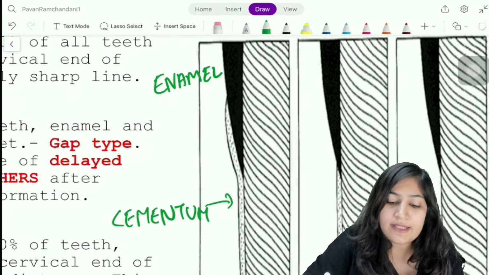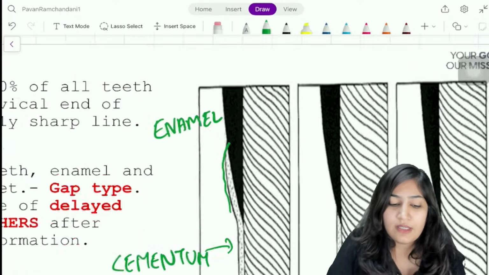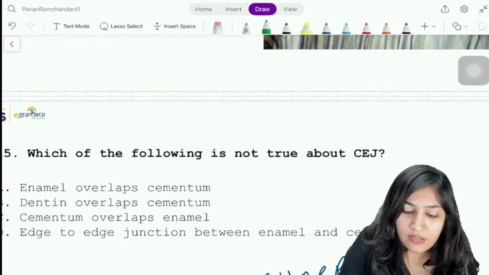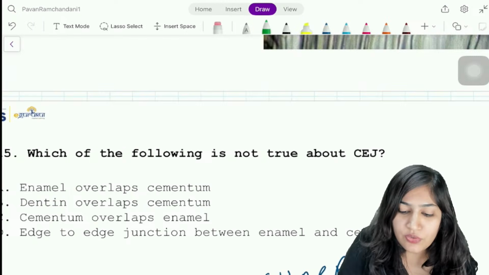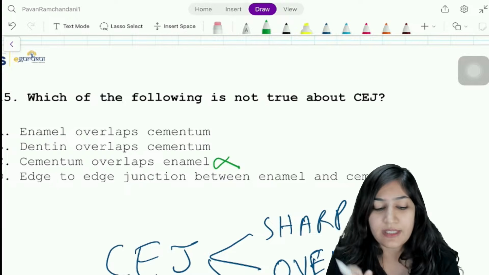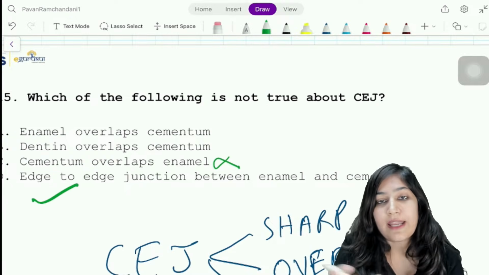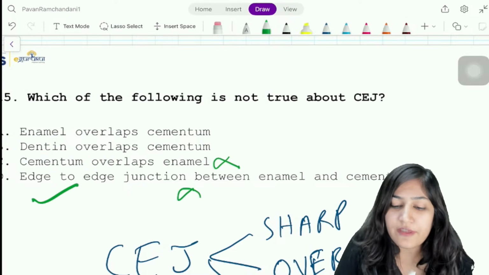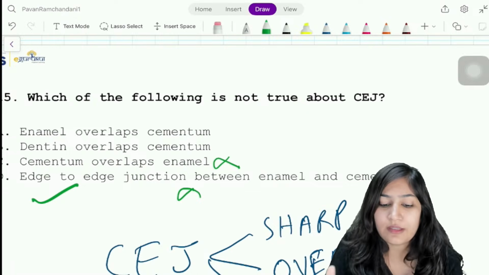So you can see cementum overlapping enamel. So this is correct for CEJ, so this is not the correct option for the given question. Cementum definitely overlaps enamel. Edge to edge is also a type of CEJ, so this is also not the correct fit for the question.